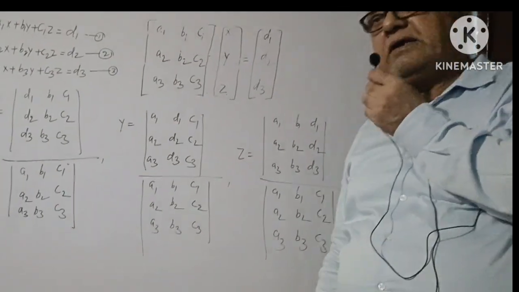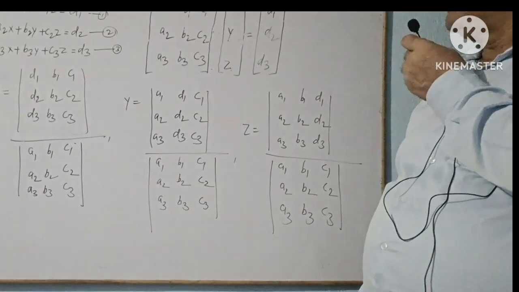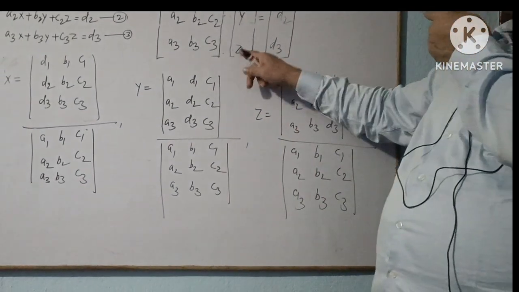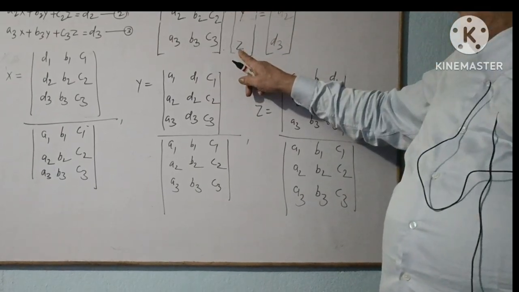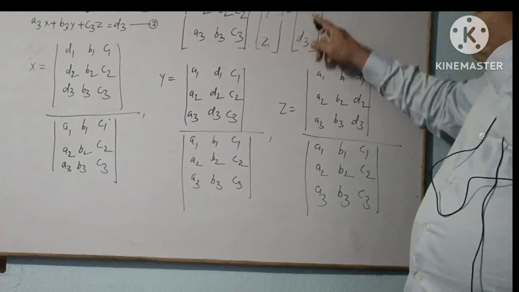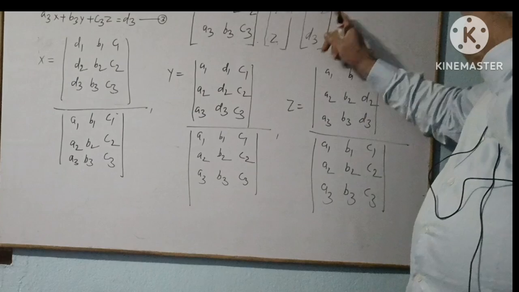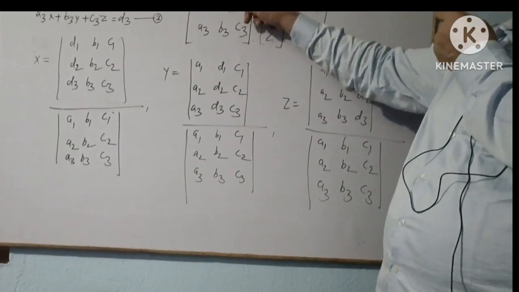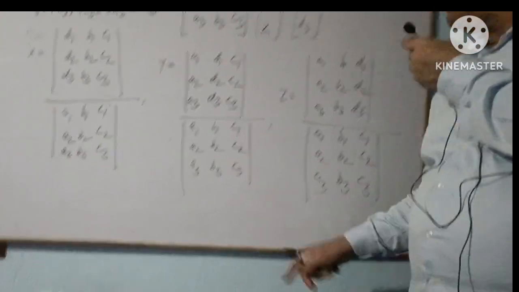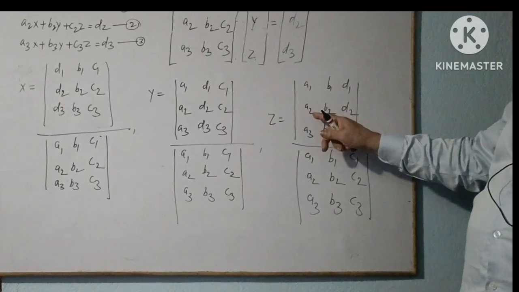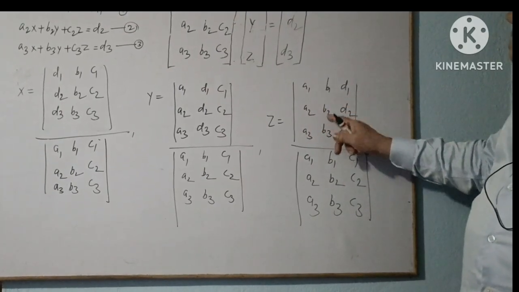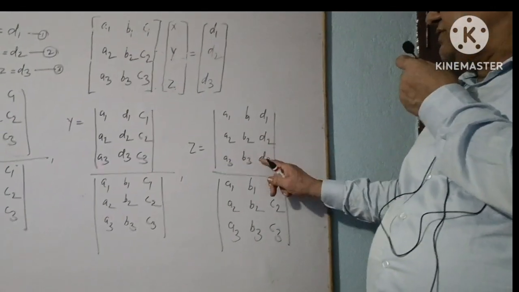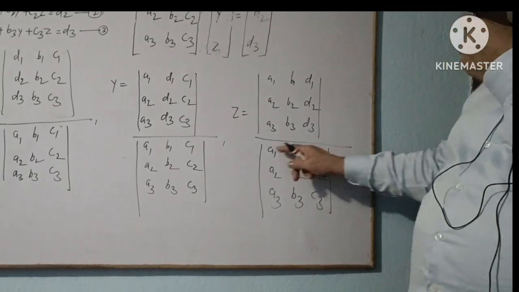Similarly, when I have to determine z, since z is in the third column, the column d1, d2, d3 will replace the third column c1, c2, c3. Then we get z is equal to the determinant of a1, a2, a3, b1, b2, b3, d1, d2, d3, divided by the original determinant.